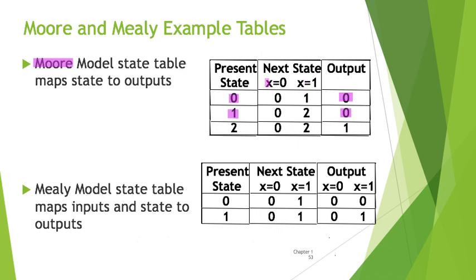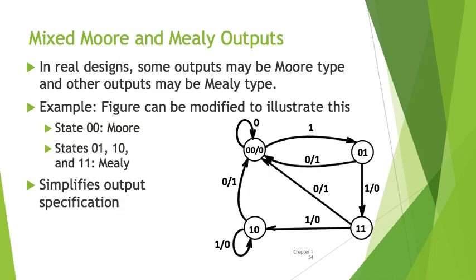So I'm not considering the input, which is x is 0, x is 1. This is not very important, and I don't care about what's happening here. Okay, here the output is a function of the input and the current state. So this is about the Mealy type.